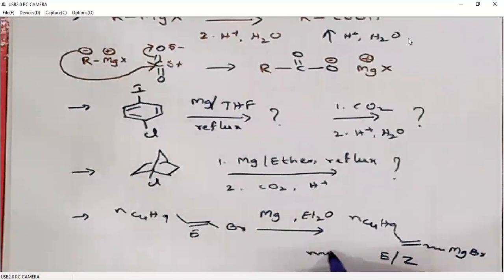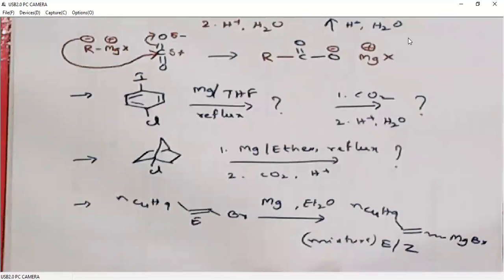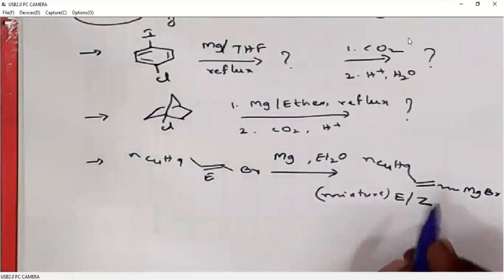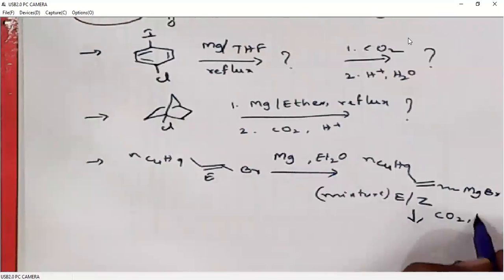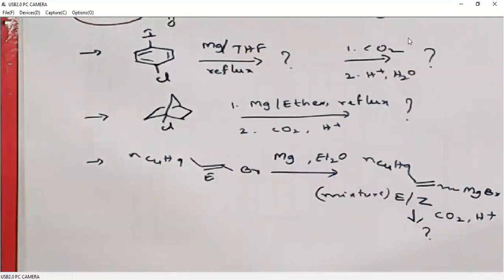So though we are starting the reaction with either E alkene or Z alkene, it doesn't matter. We will end up with a mixture of E and Z compounds, because it is not a stereoselective reaction. What is the product?